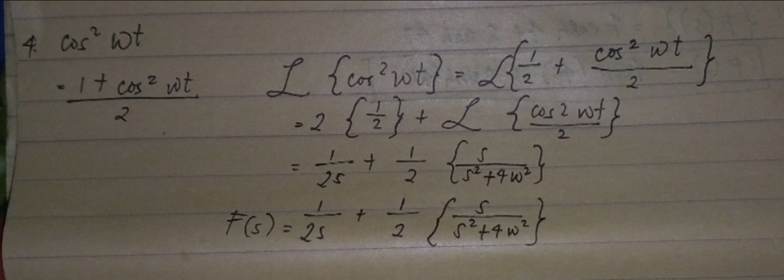Number 25. The given function is 0.2s plus 1.8 over s squared plus 3.24. Separating it into 0.2s over s squared plus 3.24 plus 1.8 over s squared plus 3.24, we take the inverse Laplace transform.